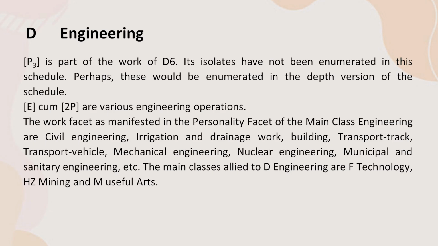The work facet, as manifested in the personality facet of the main class engineering, includes civil engineering, irrigation and drainage work, building, transport in respect to track and also in respect to vehicle, mechanical engineering, nuclear engineering, municipal and sanitary engineering, etc. The main classes allied to engineering are technology, mining and useful arts, which are denoted by the digits capital D, capital F, capital HZ and M respectively.